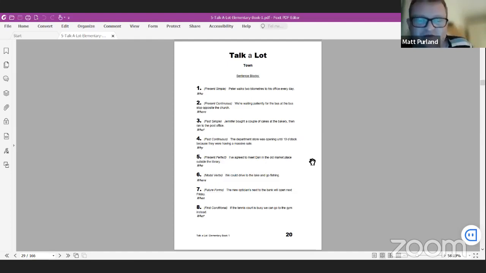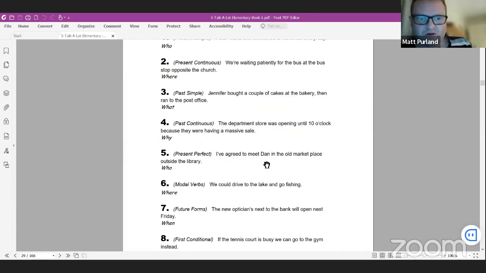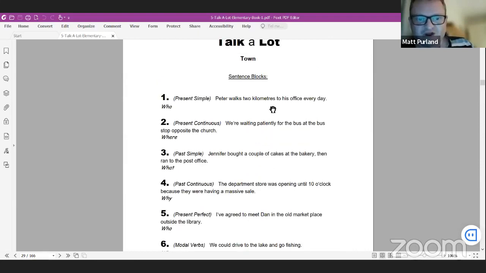Sentence blocks is a wonderful activity. Students do it in pairs. One of them says the first line, then the next one says the second line, then the third and fourth, fifth, sixth. It keeps going. For example, Peter walks 2 kilometers to his office every day. Elicit the question, who? Who walks 2 kilometers to his office every day?